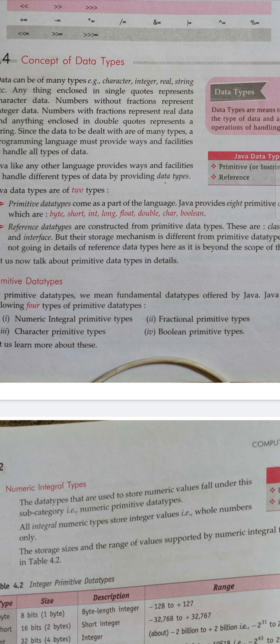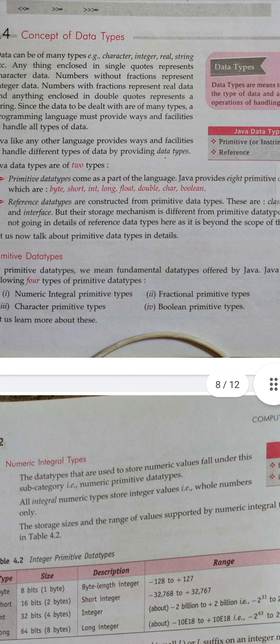And what is the reference data type? The other data type is reference, also known as non-primitive data type, or derived. We call it reference or derived or non-primitive. What do you mean by that?